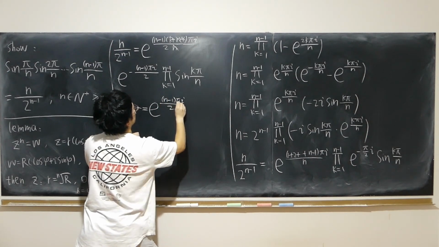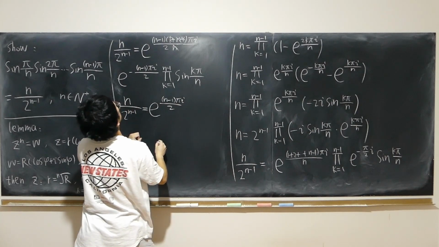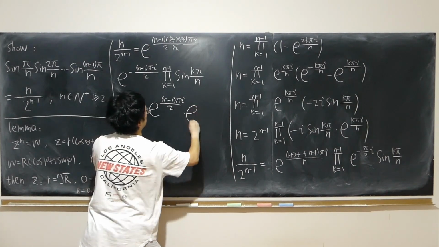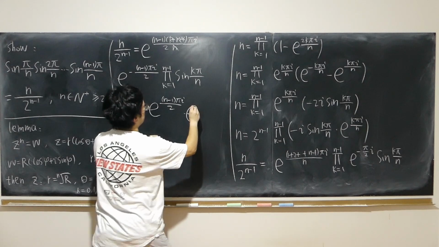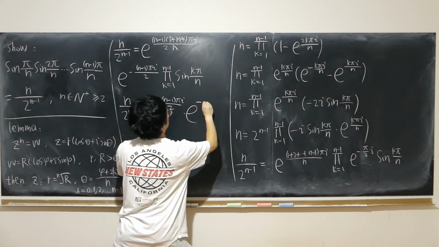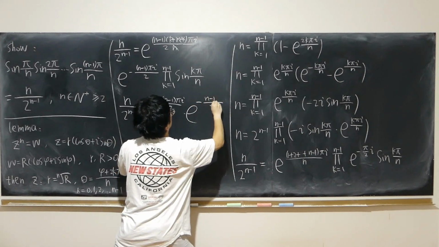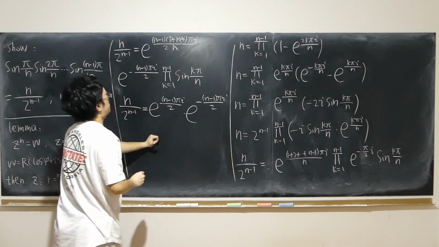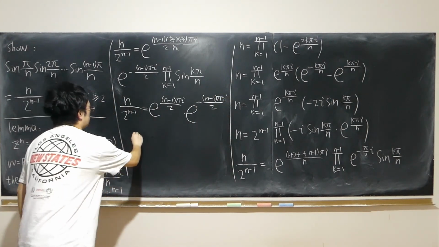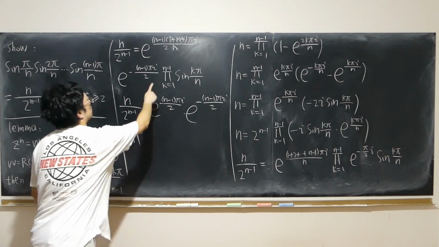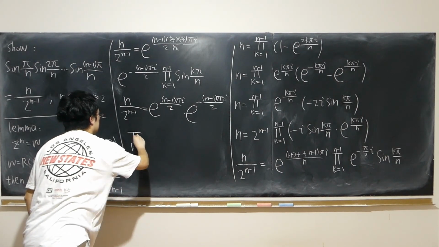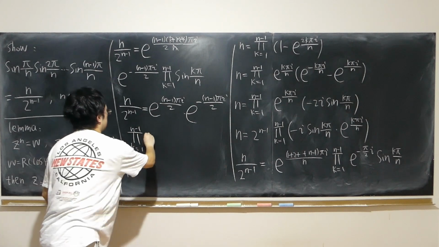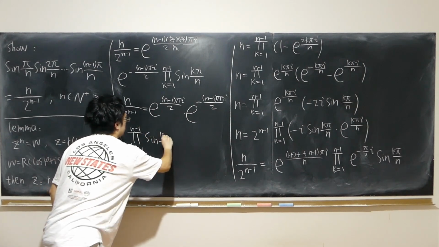Right? This no problem. Also multiplied by, copy this down, negative half of n minus 1 pi i, right? Multiply by product, k goes from 1 to n minus 1, sine k pi over n.